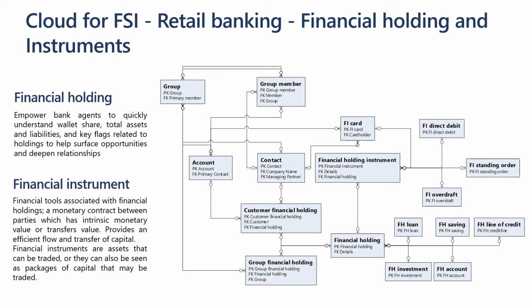By unifying customer data, this capability offers powerful customer insights. These include financial holdings and financial instruments. Financial holdings empower bank agents to quickly understand wallet share, total assets and liabilities, and key flags related to holdings to surface opportunities and deepen relationships. Financial instruments are financial tools associated with financial holdings, a monetary contract between parties which has intrinsic monetary value or transfers value, providing an efficient flow and transfer of capital.